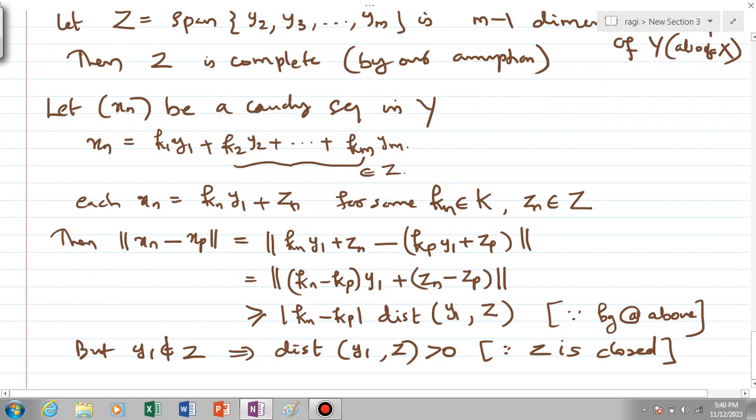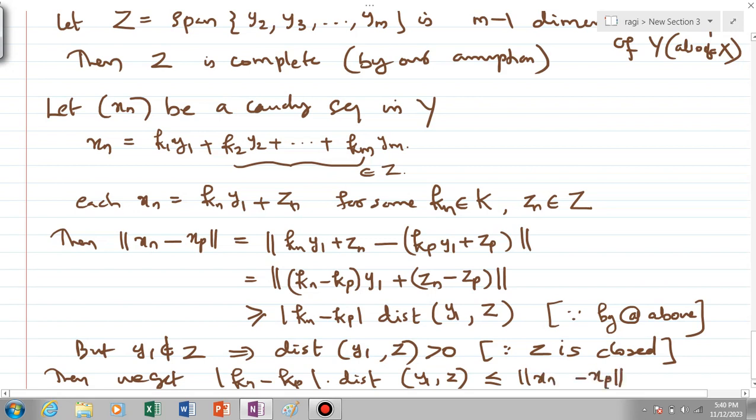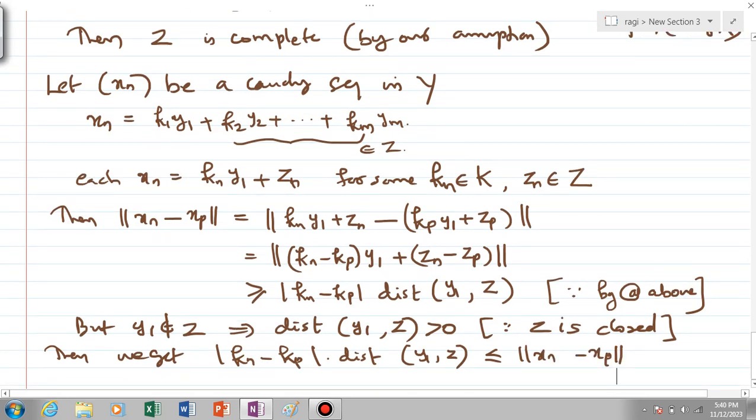So since Z is closed, the distance of y1 from Z is clearly greater than 0, and from this we get modulus of kn minus kp times the distance of y1 from Z is less than or equal to norm xn minus xp.